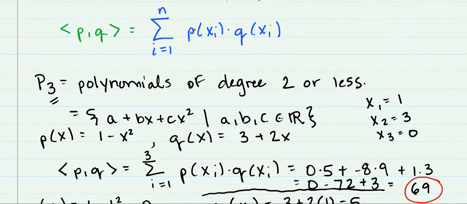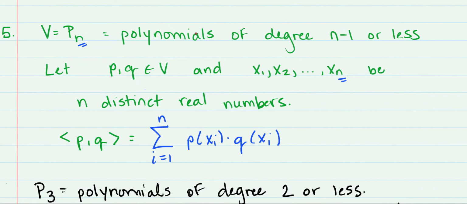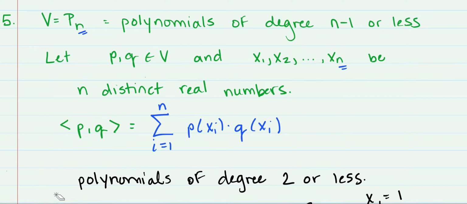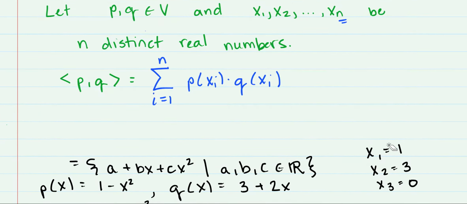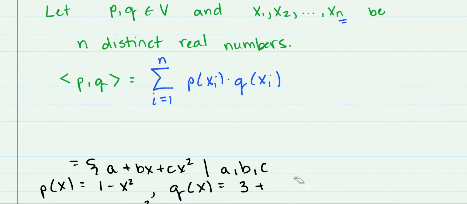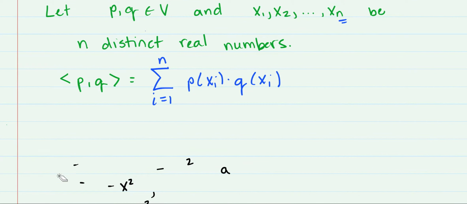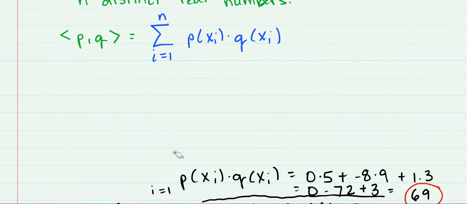So now that we understand what this is and how to figure out the inner product of two polynomials, let's check that it's actually an inner product. So it passes the three properties for a map to be an inner product. So let's make a little bit of room here.